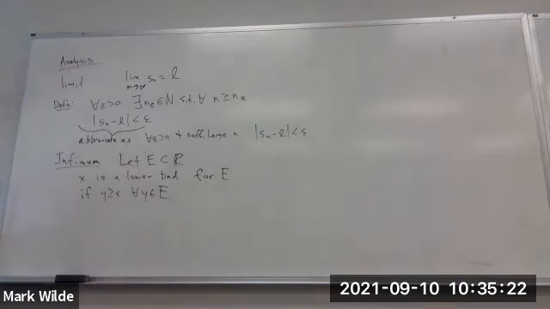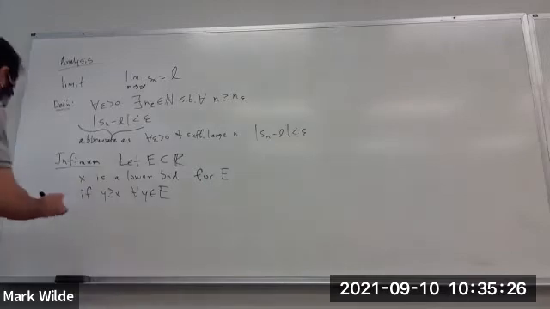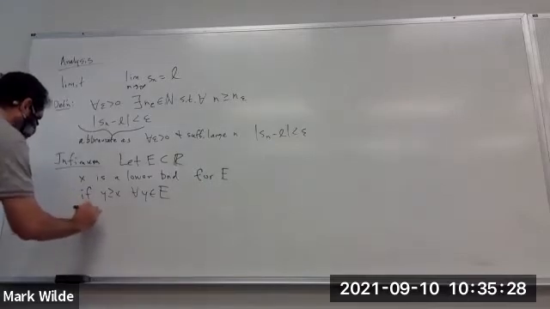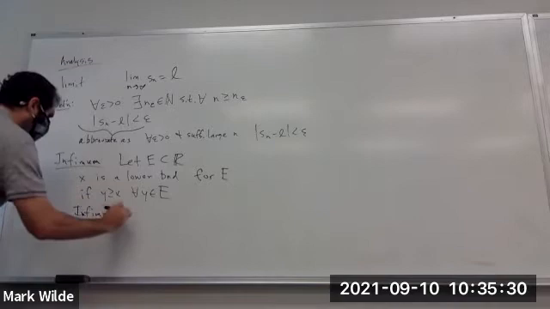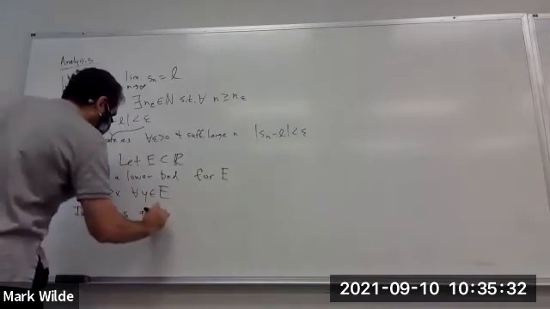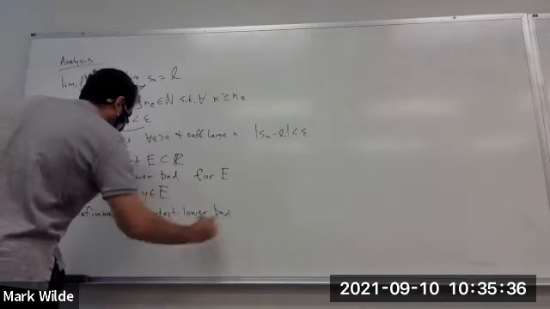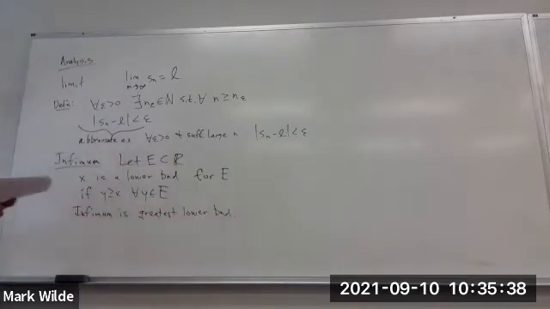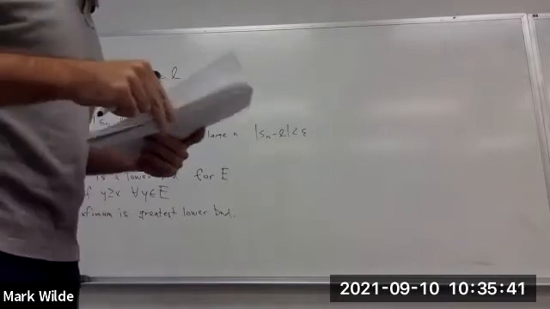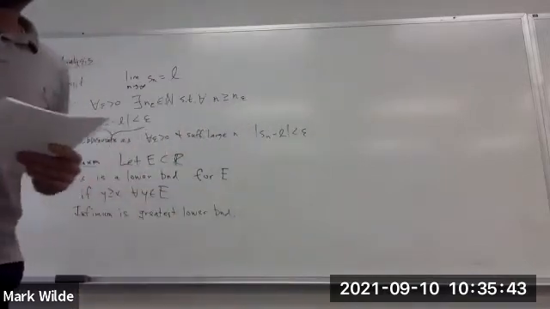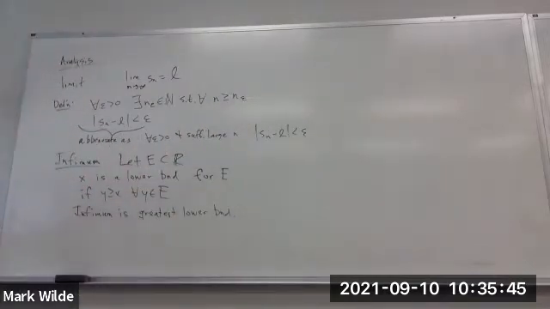So that's just the notion of a lower bound. What is the infimum? The infimum is the greatest lower bound. Okay, so if that's a new concept, then I think it's most easily demonstrated with an example, right?